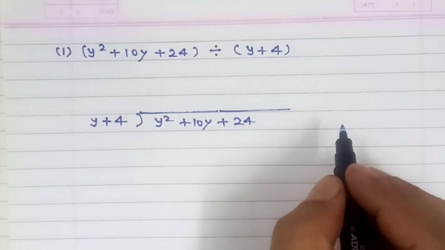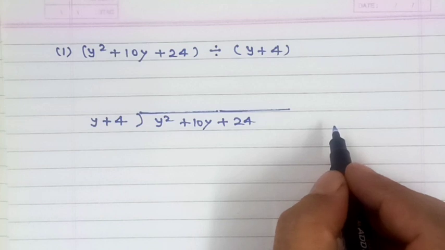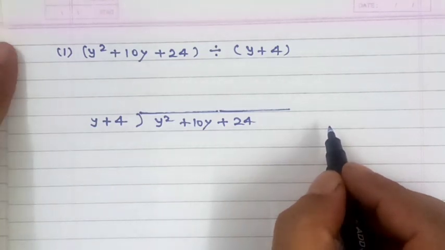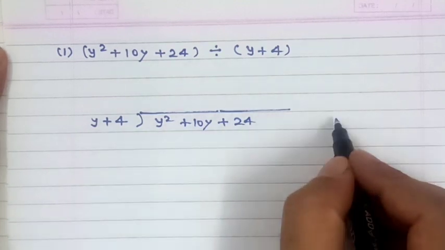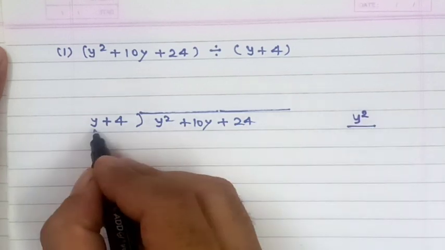After this, I say the method is DMS. D means divide, M means multiply, and S means subtract. So this is the small step each time you have to do, DMS. So first, take the first term, which is y square. This is your working, or this is your explanation, and divide by the first term of the divisor.